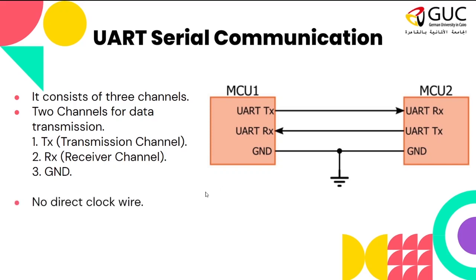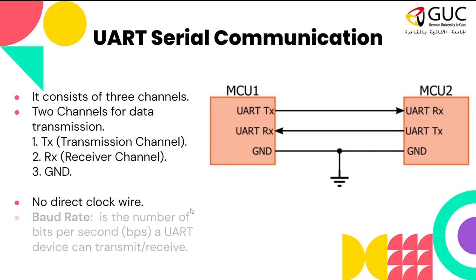So in this communication protocol, we don't have a direct clock wire, but we have the baud rate. That's why we always do Serial.begin(9600). This is the number of bits per second a UART device can transmit or receive.